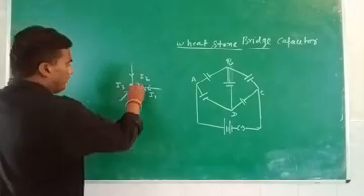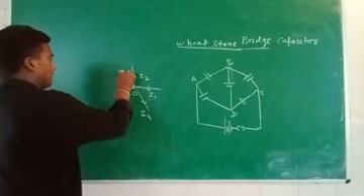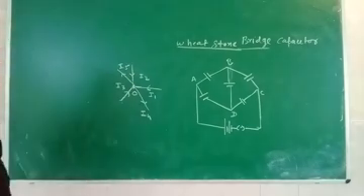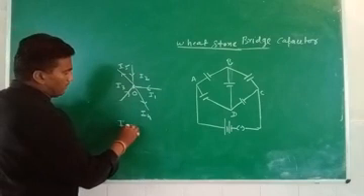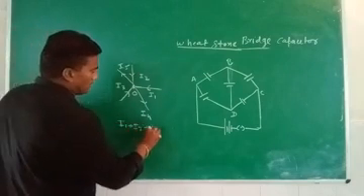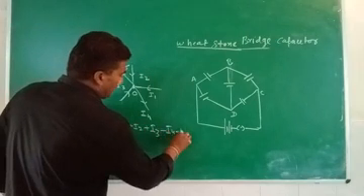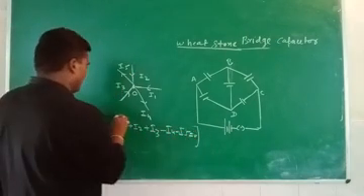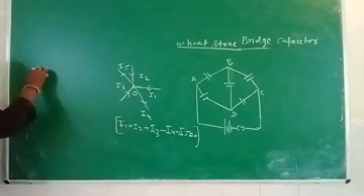But I4 and I5 go in the outward direction of the junction, and the algebraic sum remains constant: I1 plus I2 plus I3 minus I4 and I5, the mathematical value will be 0. It can be easily represented by an example.